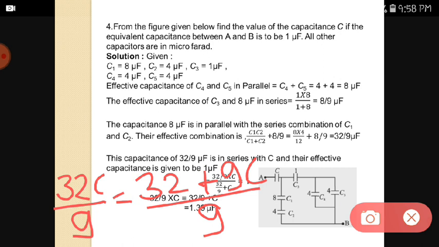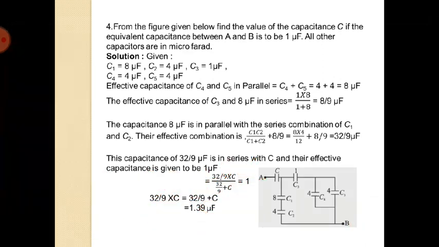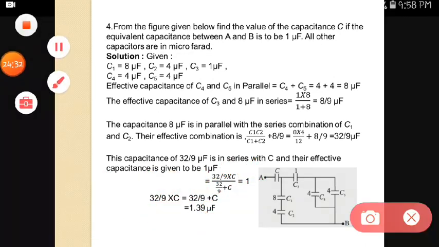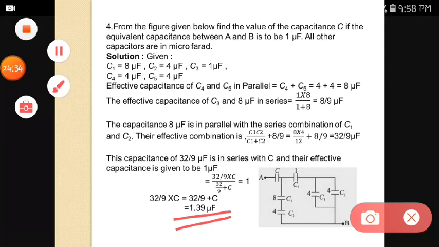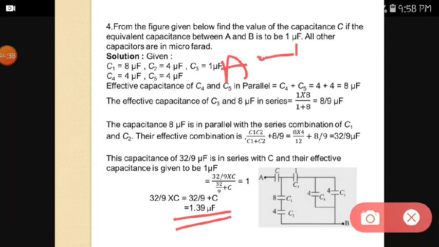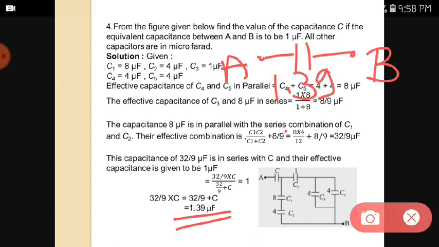Yes. By taking the LCM, this 9 will get cancelled. This 9 will come to this side: 32 minus 9 divided by 32. So you will get the answer as 1.39 mu F. So that will be the effective capacitance between A and B, which is 1.39 mu F.